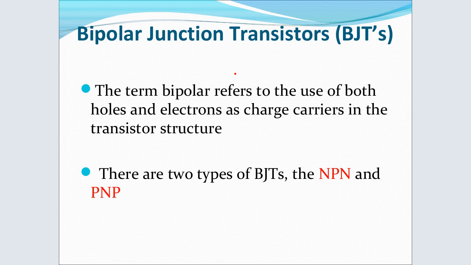We are talking about not just NP, but NPN type of semiconductors. Bi means two. So we are using both electrons and holes as charge carriers in this type of transistor.